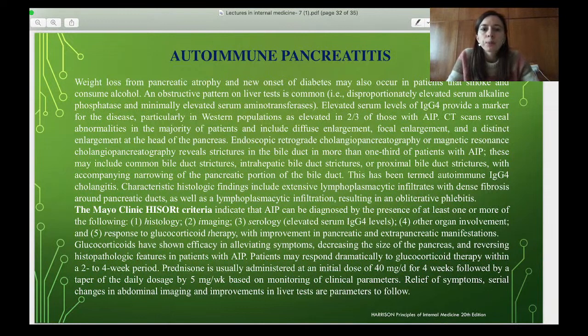Prednisolone is used with an initial dose of 40 mg a day for 4 weeks, followed by a taper of the daily dose by 5 mg a week, and monitoring clinical parameters.